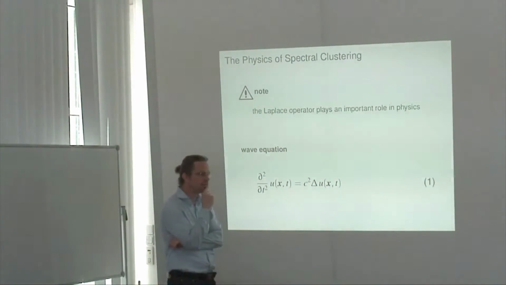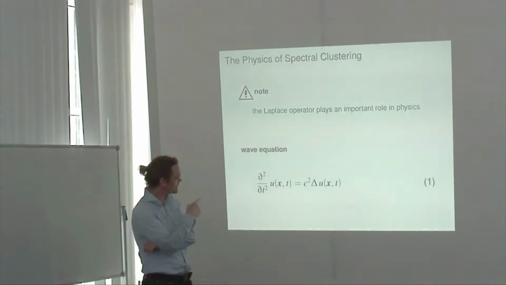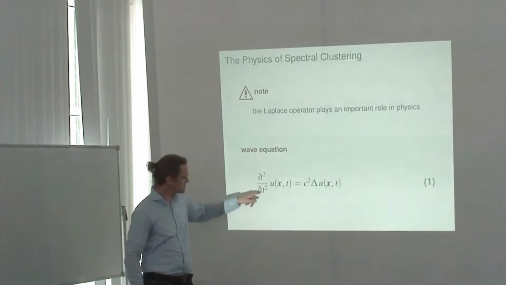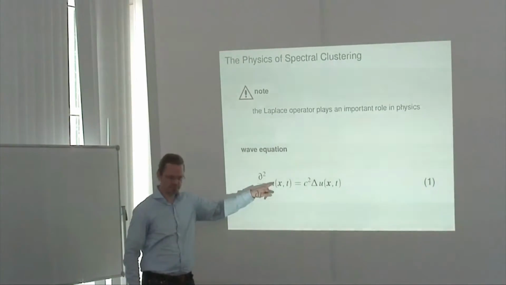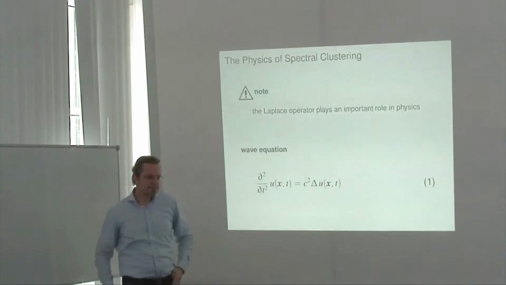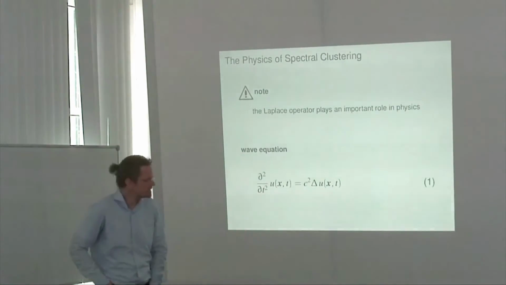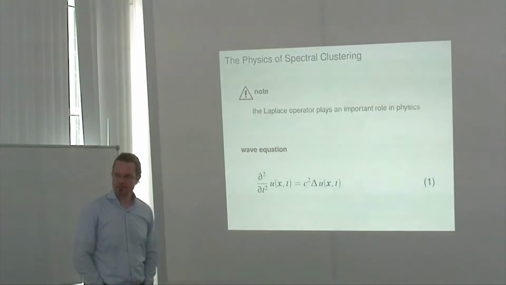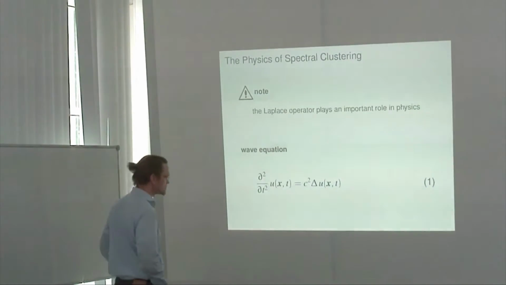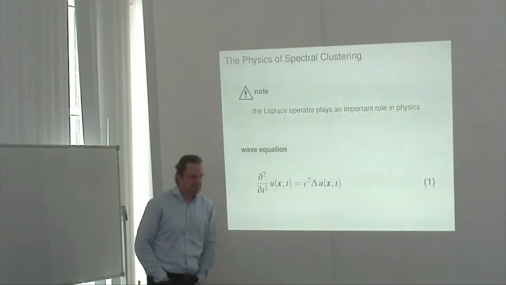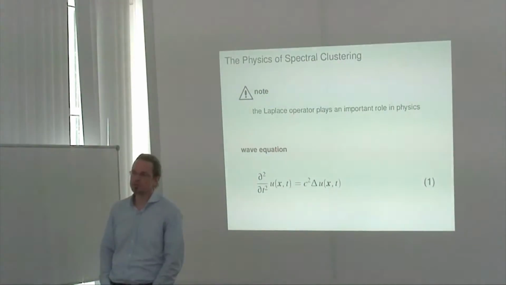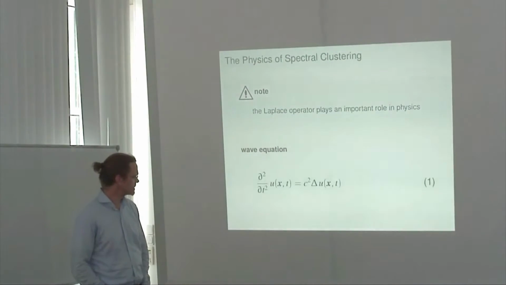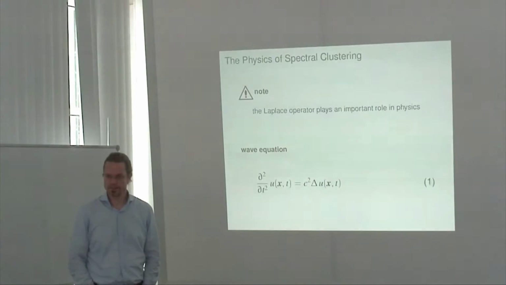Wave equations are defined like that. We look at the second derivative with respect to time of this function u, and this is supposed to be equal to a constant that is called c squared. c is called the speed of the wave, so c squared times the Laplace operator of that function u of space and time.